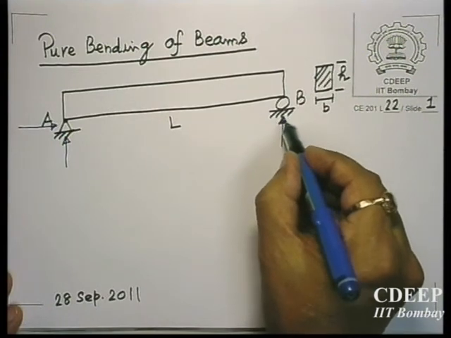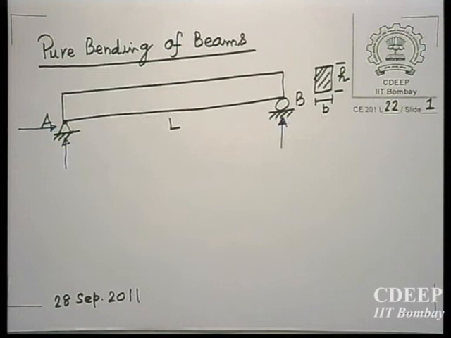So this is the geometry of the beam and the support condition. Now how it is going to be loaded? We want this to be subjected to pure bending.